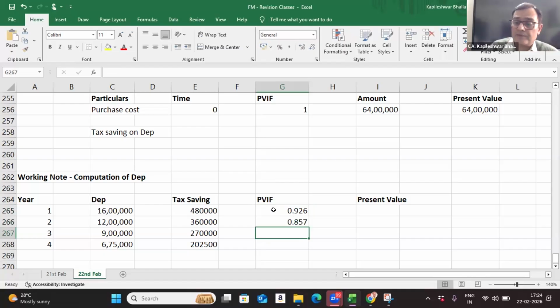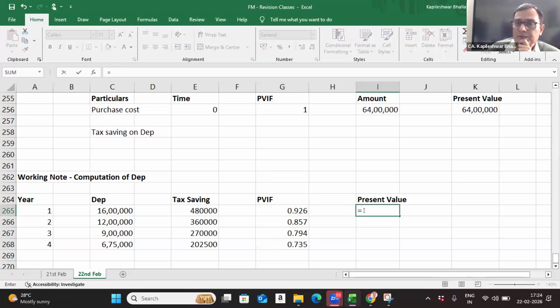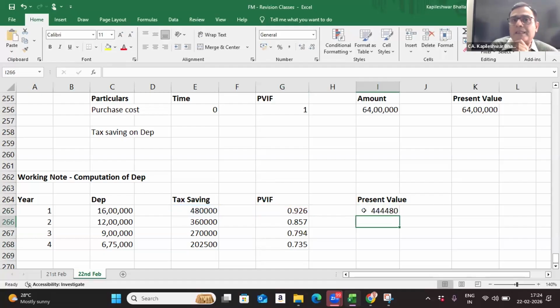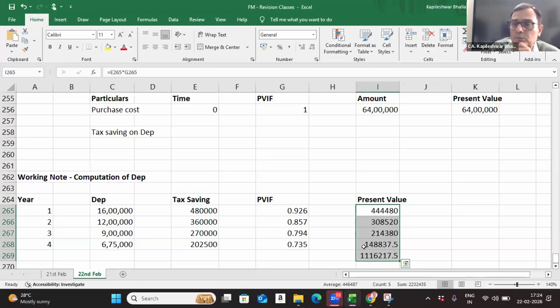Then it is 0.794. And then it is 0.735. So we can take the present value. This is 480 into 0.926. So this will give us the present value as well. So we can take the present value of this. The sum total, this comes to the tax saving on depreciation.